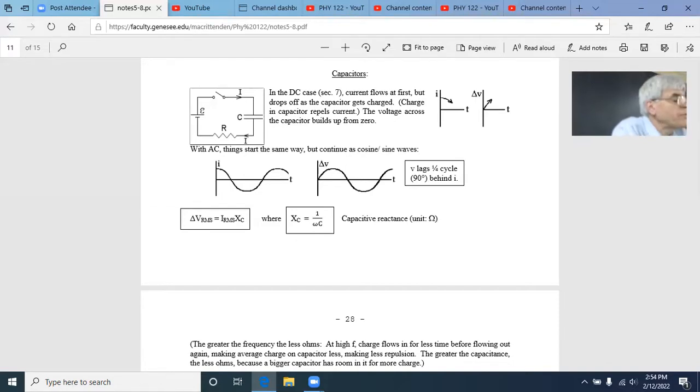And the same basic principle holds true if it's an alternating current instead of a steady voltage like we had in section 7.